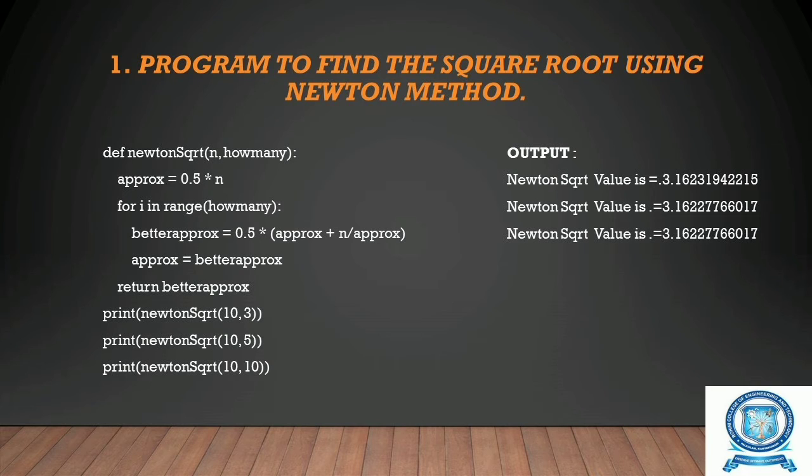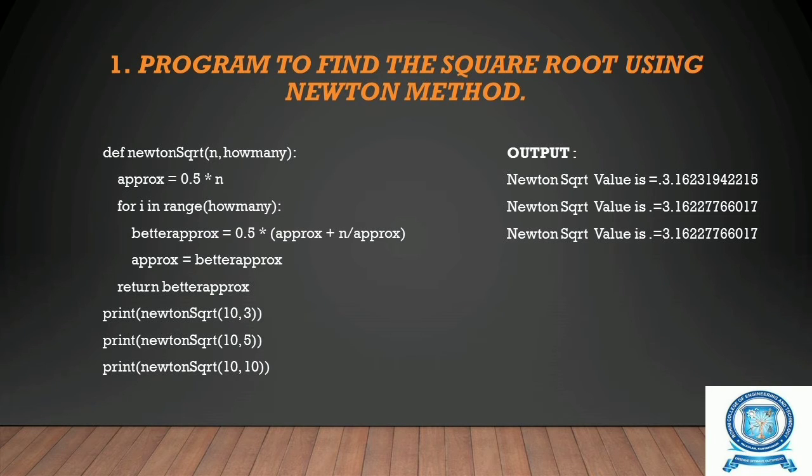Then we enter a for loop for i in range of how many. Better approx is calculated as 0.5 star approx plus n by approx. This calculated value is stored in better approx. Then approx is equal to better approx, so this value is assigned to the approx value. Then we return the better approx here.